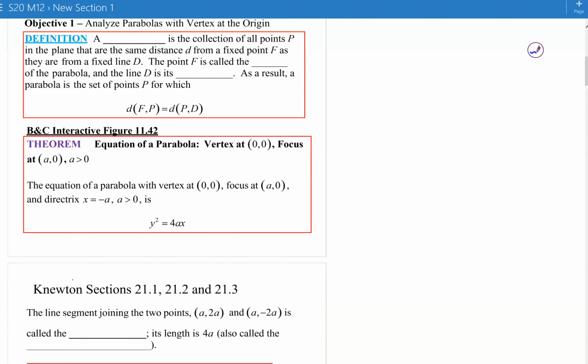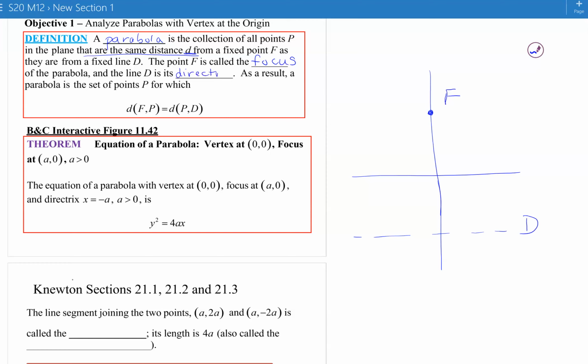The geometric definition of a parabola is the collection of all points P in the plane that are the same distance little d from some fixed point capital F as they are from a fixed line, capital D. The point F is called the focus of the parabola, and the line D is its directrix.